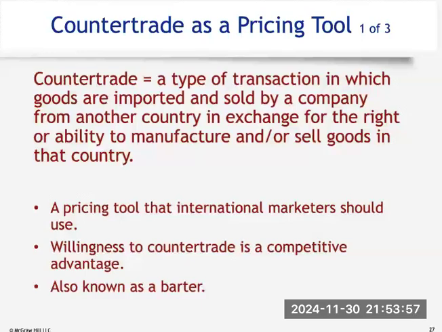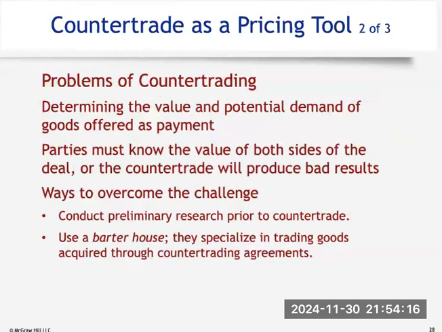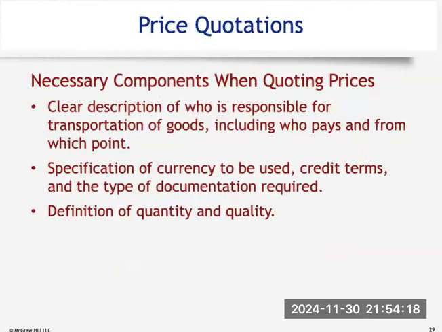So what they're doing, they really want to manufacture or sell goods in that country, so they're going to just make concessions. It's kind of like a bartering system. I give you something, you give me something. It's a pricing tool that could be used. There are problems with that as well.